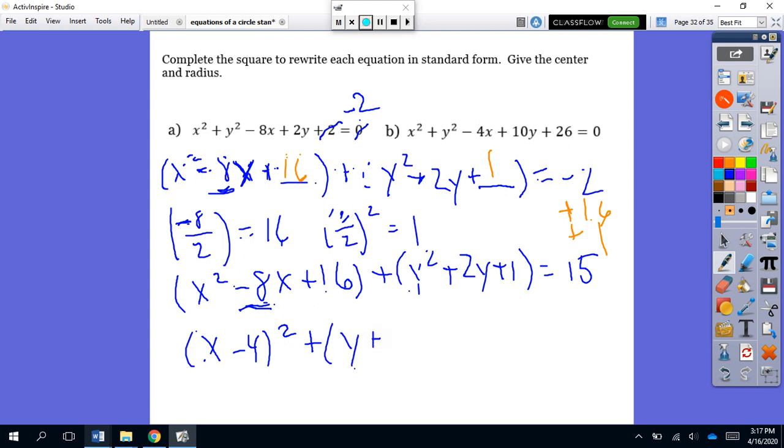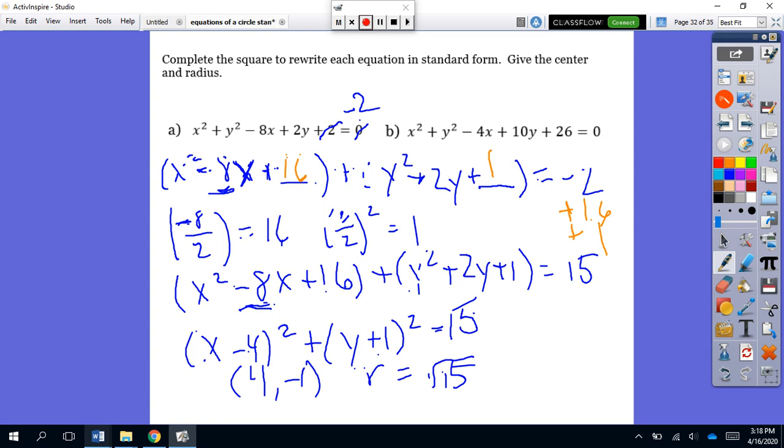So y plus 1 squared equals 15. That's the equation. But it wants also the center and radius. So the center would be the opposite of these two numbers. So 4, negative 1. I don't know why I wrote 16 there. It'd be 15. So r is going to be the square root of 15. You just leave it like that.